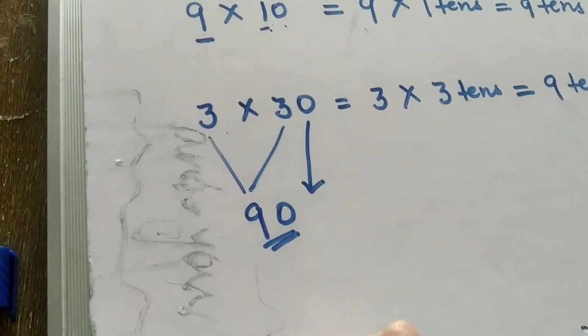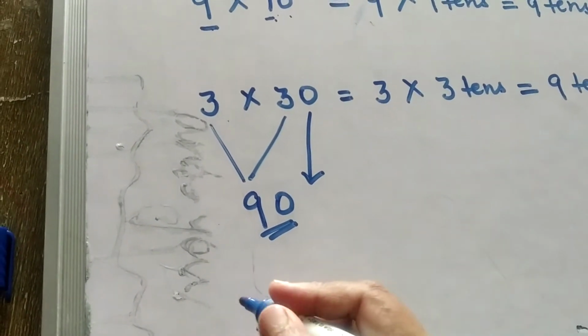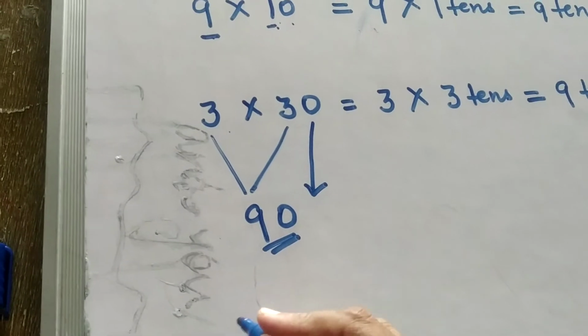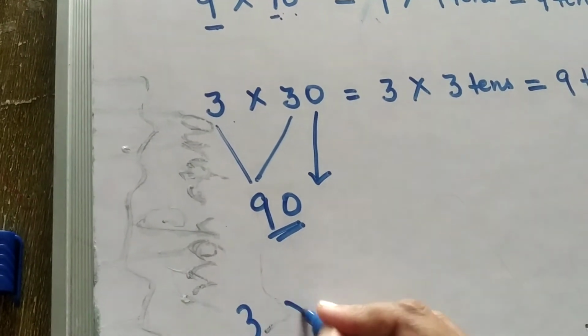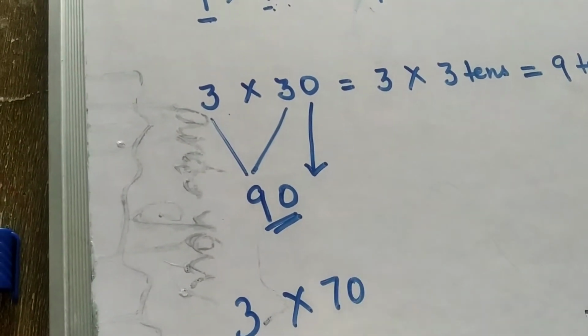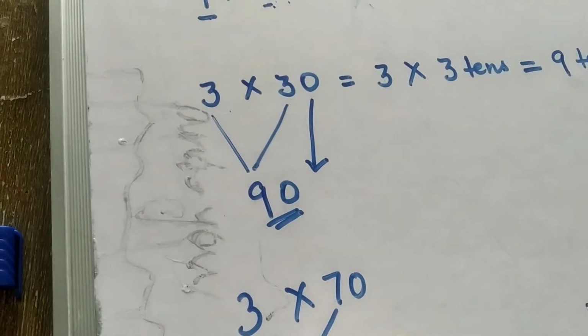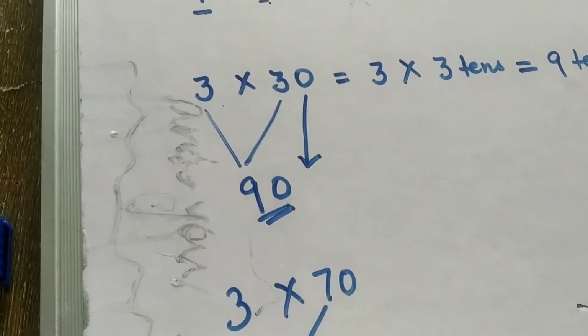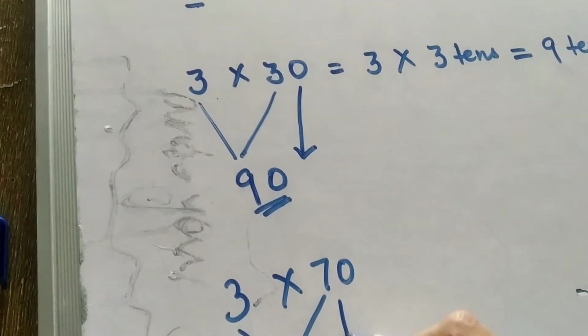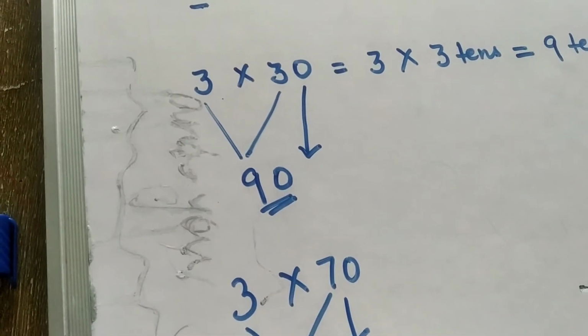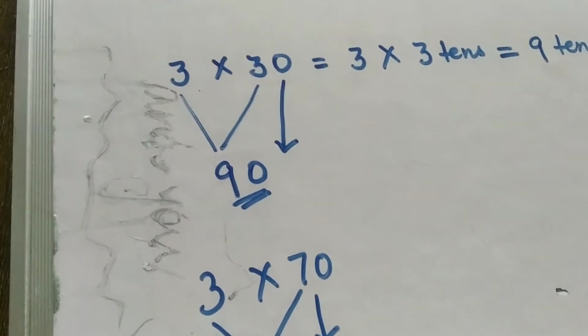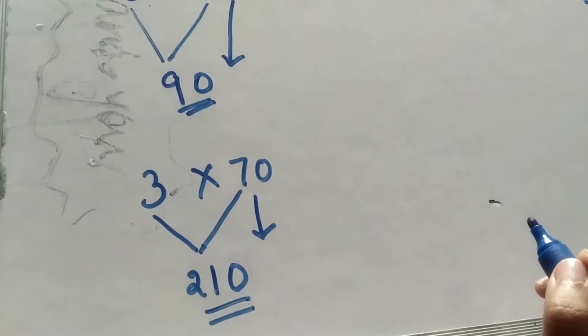Let's try another number, then you will understand it more. Let's take 3 into 70. If I do it by this method, 3 into 7 is 21, and this 0 will come as it is, and it will become 210.